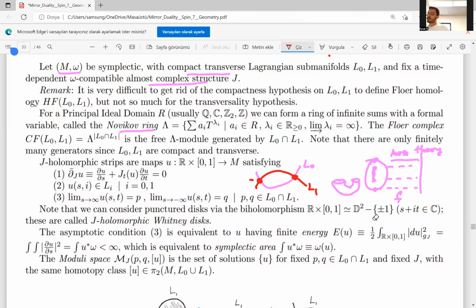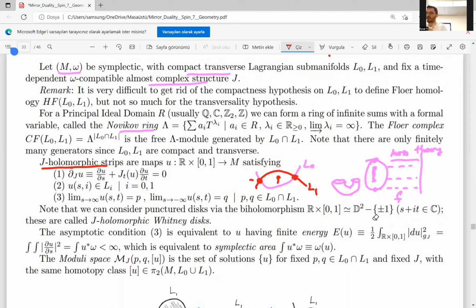And here we try to understand the J-holomorphic strip, and if you take the U, for this U is this kind of object.